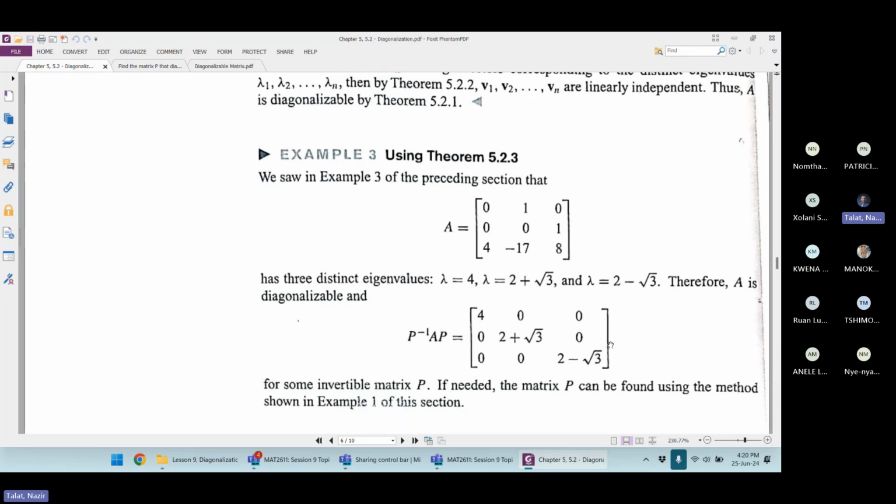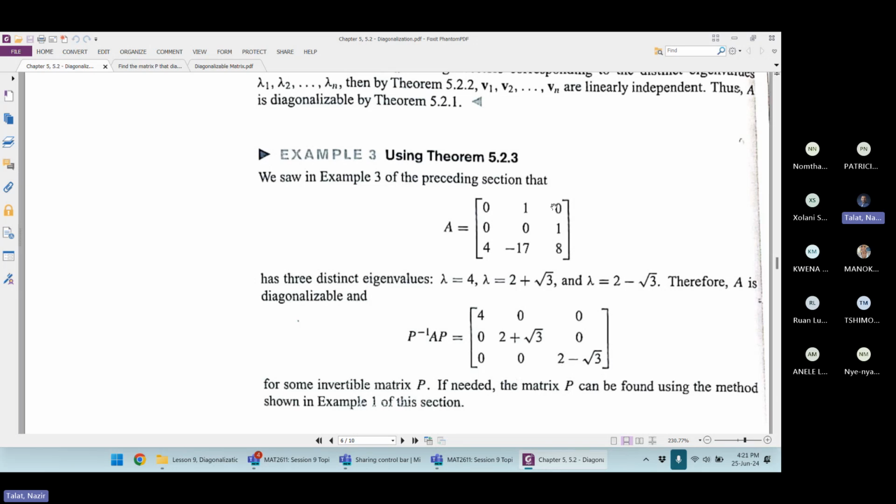Now, when there are three distinct eigenvalues, it means this matrix is always diagonalizable, and we can easily find a matrix P which is invertible. For that matrix P, if you find P inverse and multiply P inverse with A and P, then the combination gives us a diagonal matrix D, containing only diagonal entries, which are 4, 2 plus root 3, and 2 minus root 3.